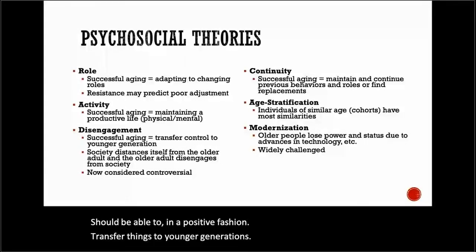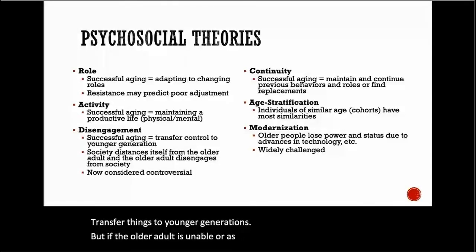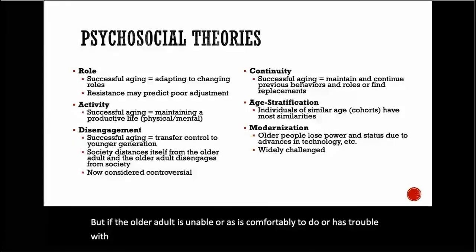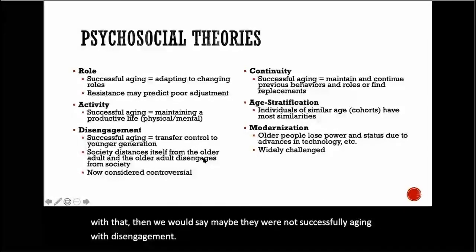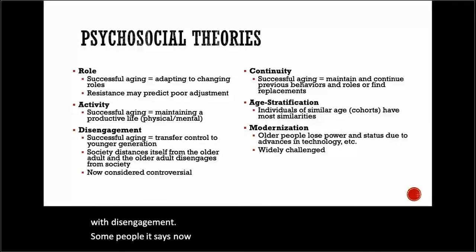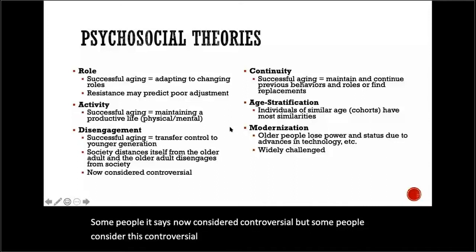But if the older adult is unable or uncomfortable to do that or has trouble with that, then we would say maybe they're not successfully aging with disengagement. Some people consider this controversial and have not subscribed to it, if you will.